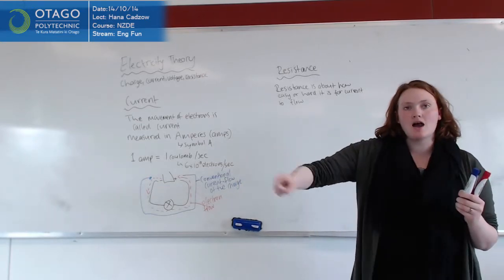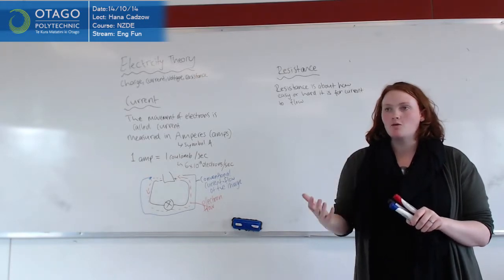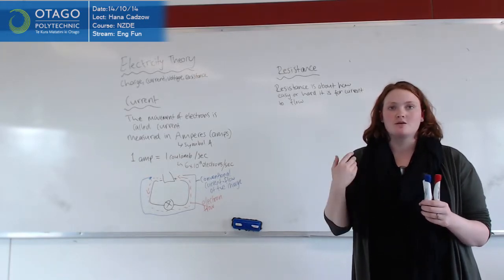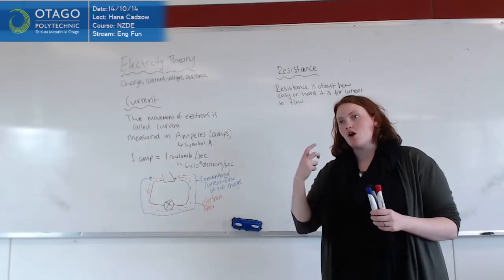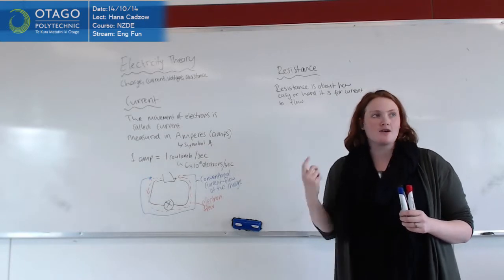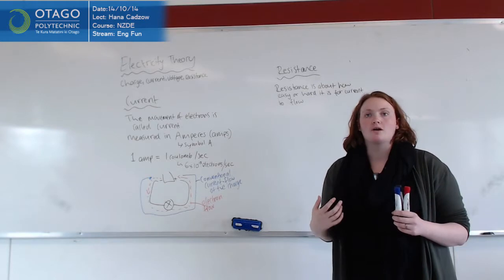So it's easy for current to pass through metals, which is why we use metal for wire, and we use metal for things that we want electricity to go through. Materials like plastics have a very high resistance. They're hard for current to travel through, which is why we put plastic on things that we don't want current to travel through.